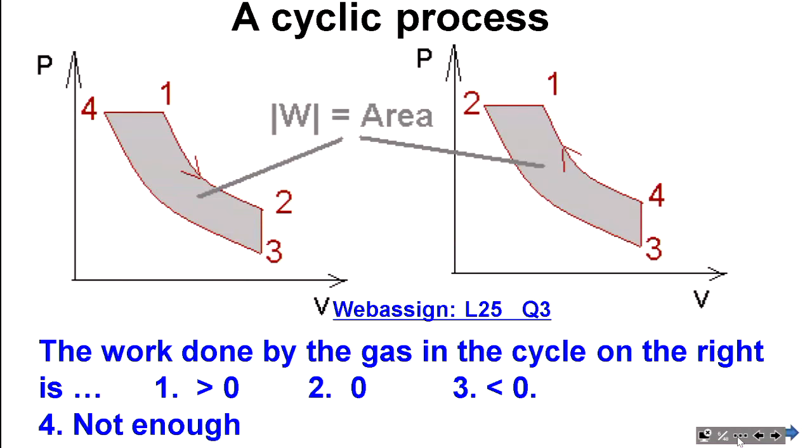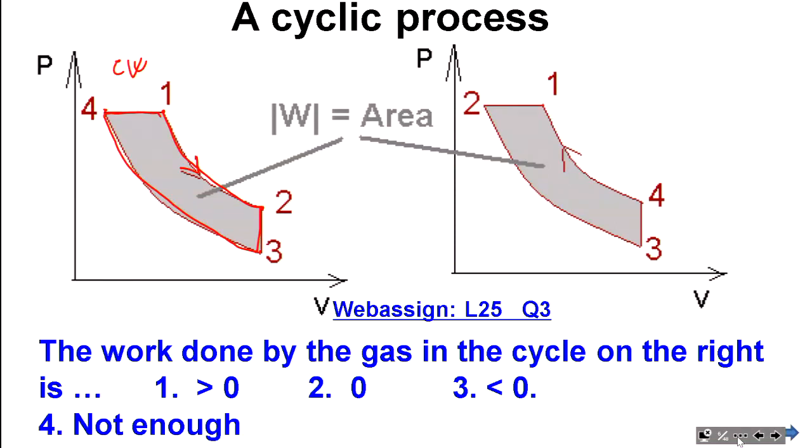And here we have two very similar cycles. The one on the left begins from state number 1, then goes to state number 2, 3, 4, and to state number 1 again. And this arrow represents the direction of the cycle, and that direction has a name, clockwise, so we call it a clockwise cycle.